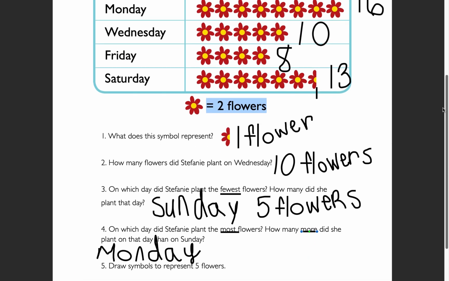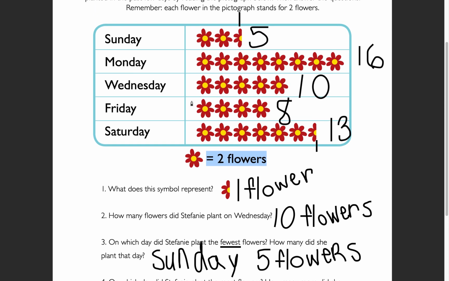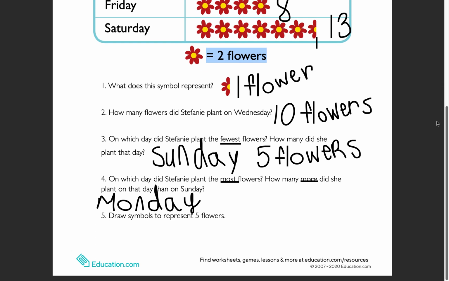So let's look at Monday and Sunday. Those are the days we need. Monday she had 16. Sunday she picked 5. So do you think we should add or subtract? The question is, how many more did she plant on that day than Sunday?